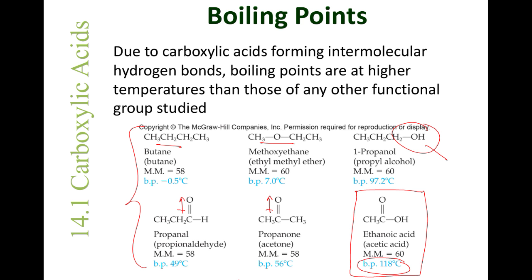But then, like I said, the carboxylic acid can hydrogen bond not only through the hydroxyl group here, but it can also participate in hydrogen bonding from the lone pair on the carbonyl oxygen, which gives the carboxylic acid the highest boiling point. So you should be aware of this trend, and you can always guarantee that the carboxylic acid of approximately the same size will have a higher boiling point.